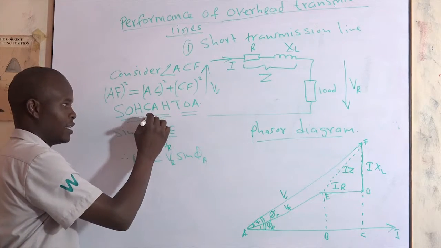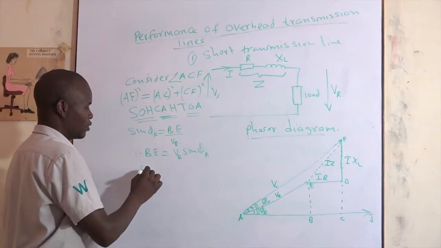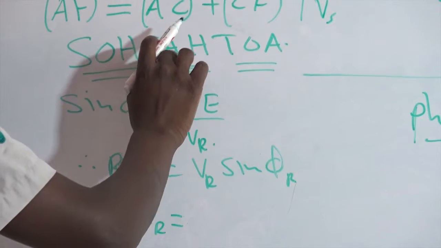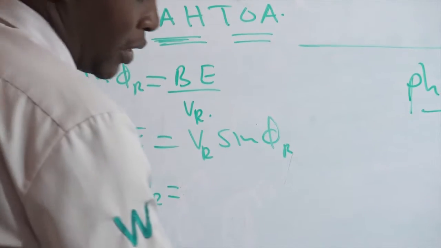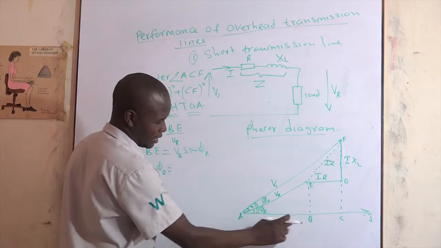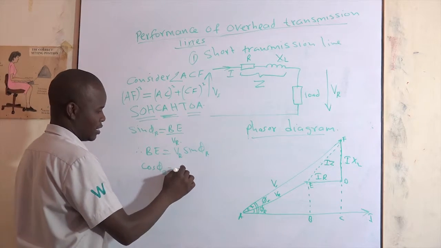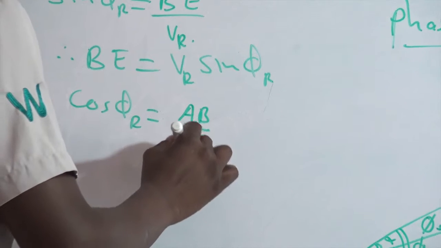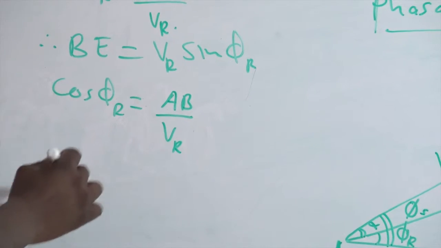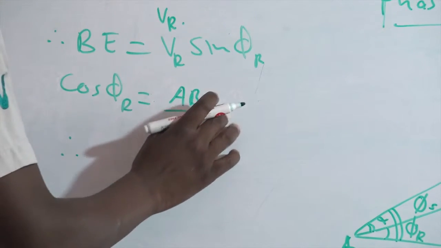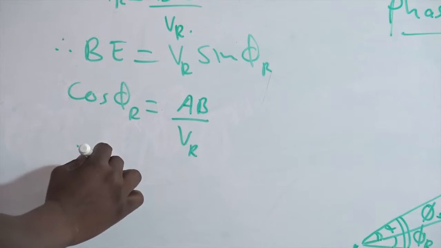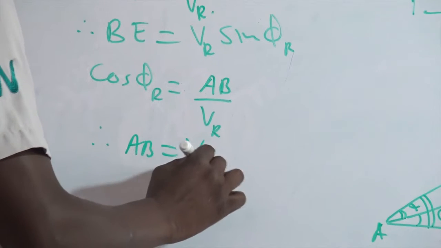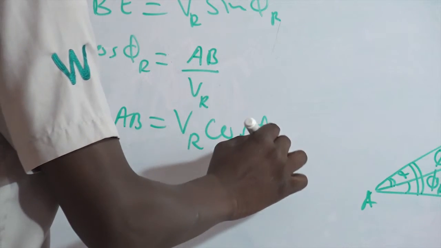Using this one, cos phi r is given by adjacent over hypotenuse. According to this angle, adjacent is AB and hypotenuse is VR. Therefore, if you cross multiply by VR both sides, AB will be given by VR cos phi r.